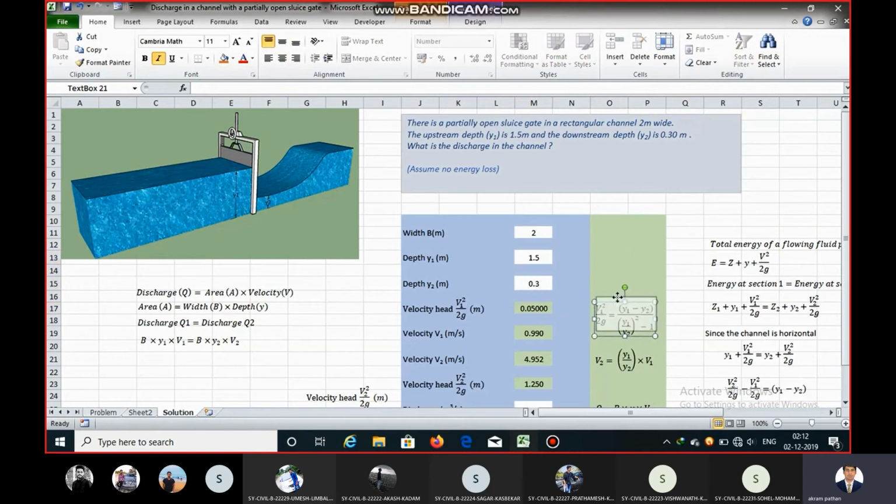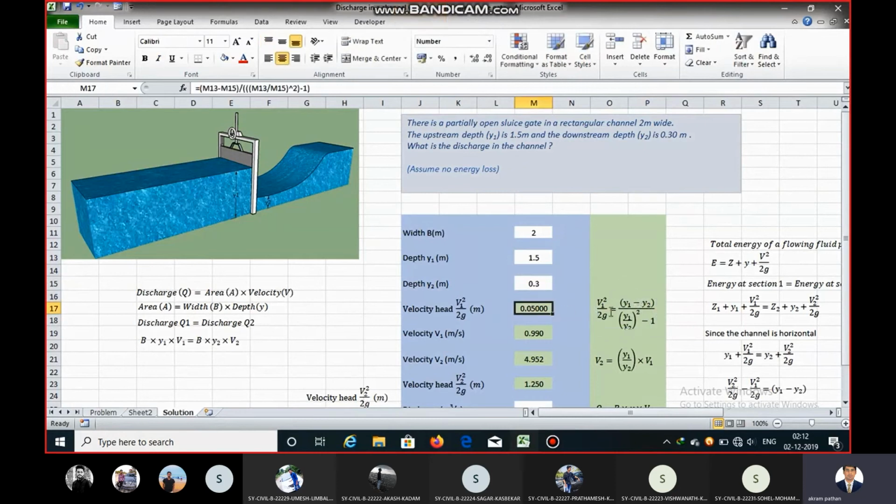Automatically we will get all these parameters: the velocity head V1 square by 2g, the velocity at section 1, V1, the velocity at section 2, V2, and also the velocity head V2 square by 2g. This is the beauty of this particular program. You only change three parameters: width, depth on the upstream side and depth on the downstream side. Once we change these three values, the other values you get automatically.